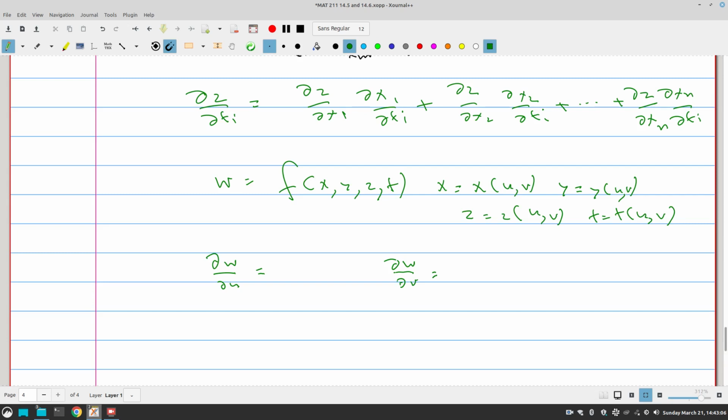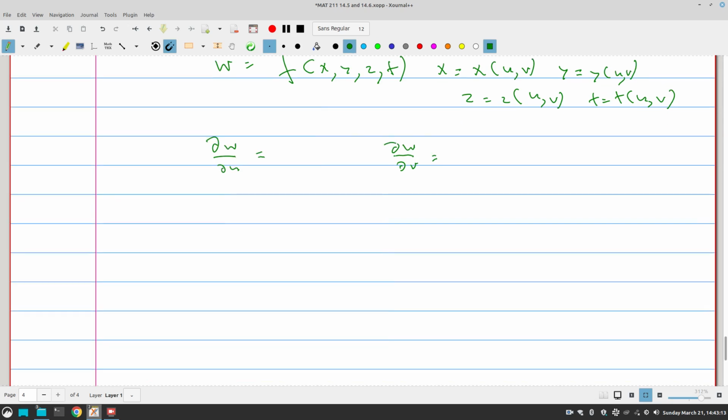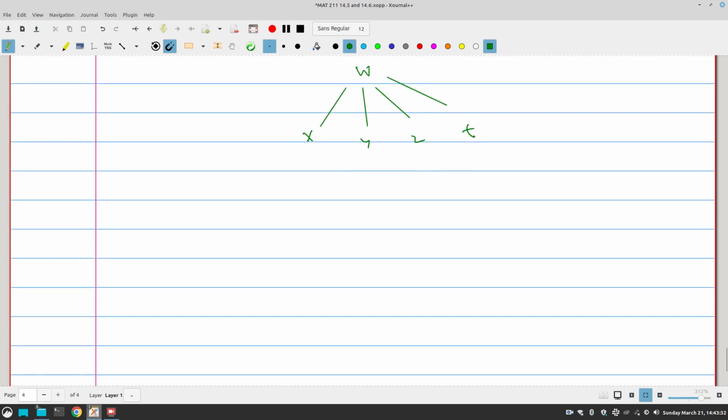Well, first thing we do is we draw a diagram with branches, right? So w equals f of x, y, z, and t. You start with w on top. W is the dependent variable, and this leads to x, y, z, and t, each of which depends on u and v.